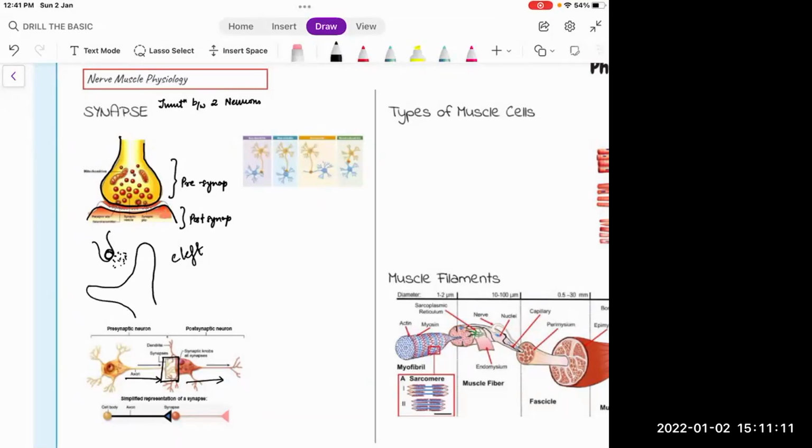Those neurotransmitters released in the synaptic cleft will come and bind with the receptors on the postsynaptic terminal. Now, remember the action potential here. Once the receptors attach with the neurotransmitters, that is the stimulus.